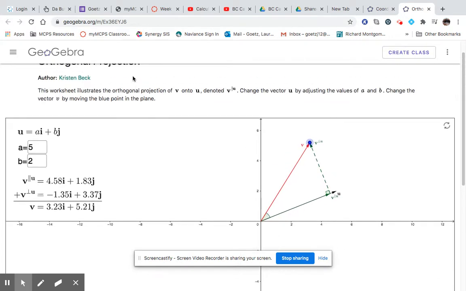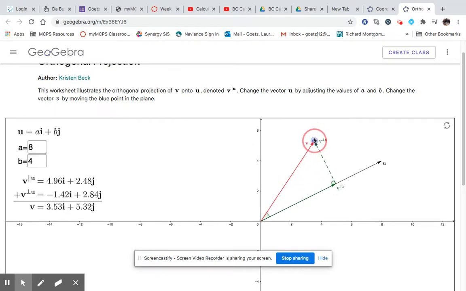And if I change this, this is the projection of v onto u. If I change what I want the shadow to be, let's say 8, 4 maybe. And remember, I'm putting a light up here now.